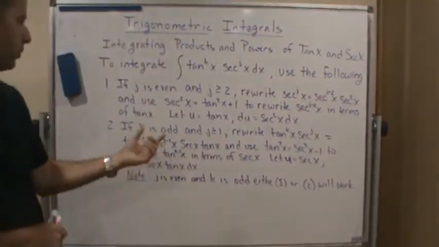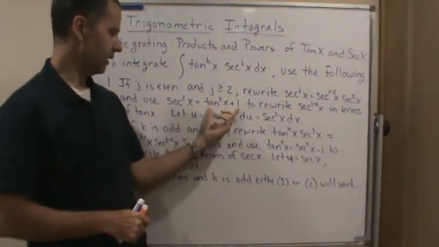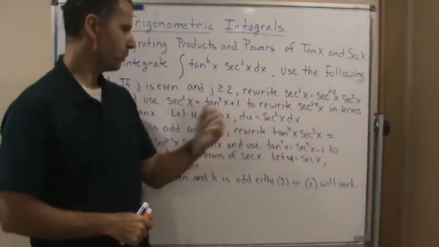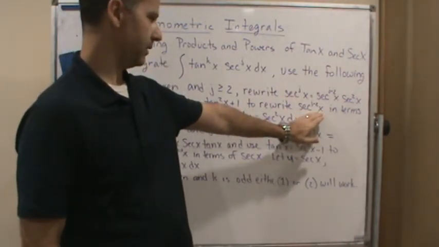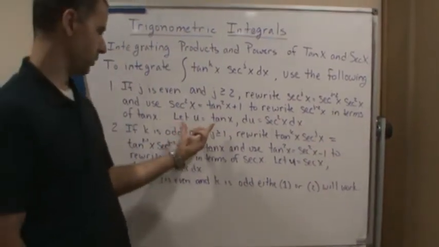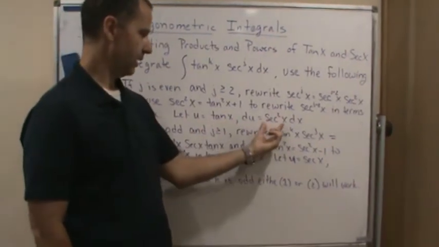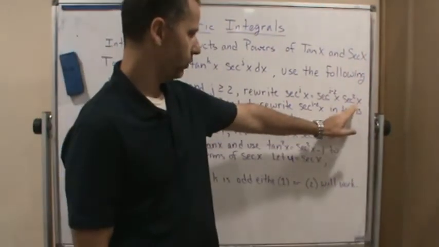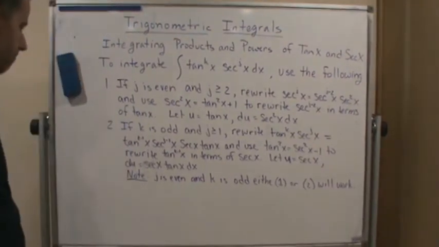And then we're going to use the identity secant squared x equals tangent squared x plus 1 to rewrite the rest of the secant in terms of tangent, and then we can do the u substitution as tangent, because the derivative of tangent is secant squared. That's why we wanted to shave off 2 secants.